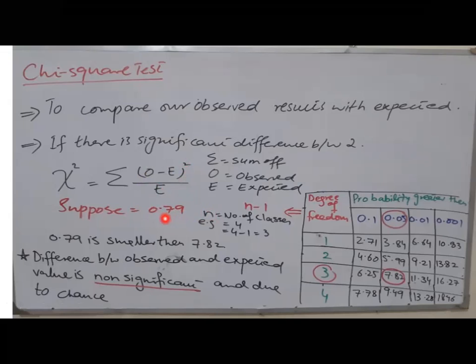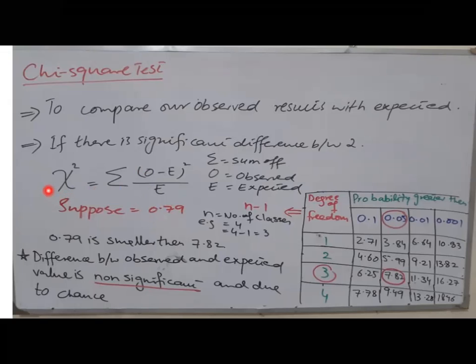For example, we are taking the lengths of corolla of any rose species. Then we have got the chi-square test result 0.79. Suppose we have got the chi-square result 0.7. For example, we have four values.